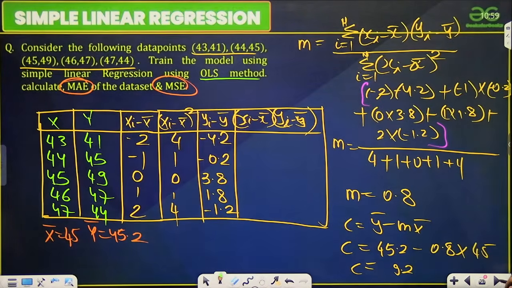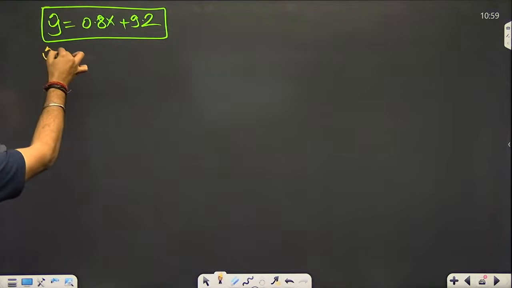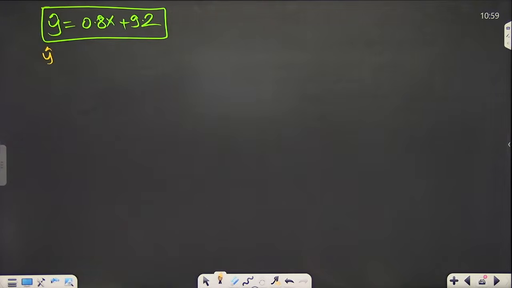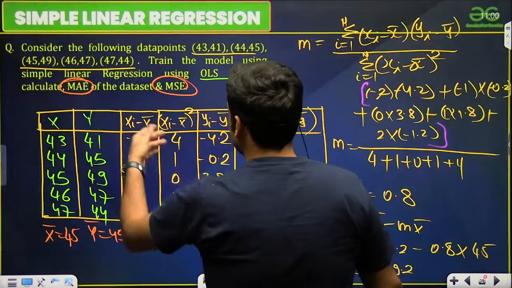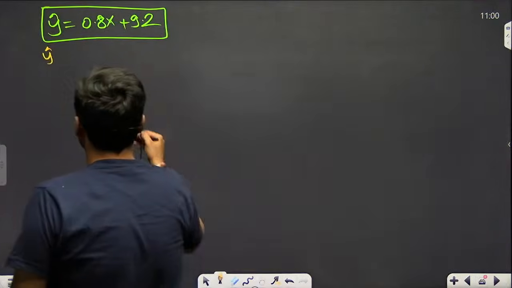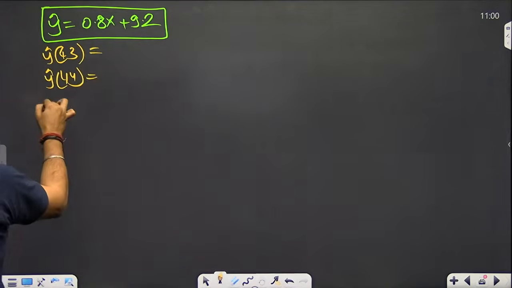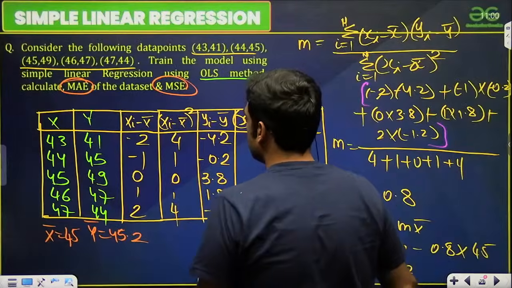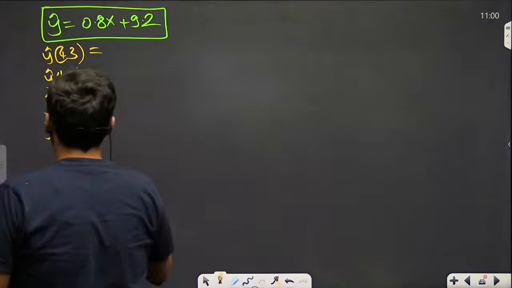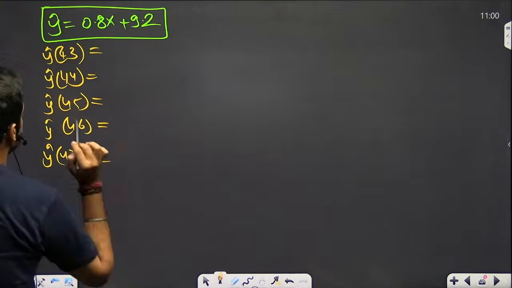Now let us calculate the values of y hat 1, and so on, y hat 43, y hat 44, y hat 45, y hat 46 and y hat 47.